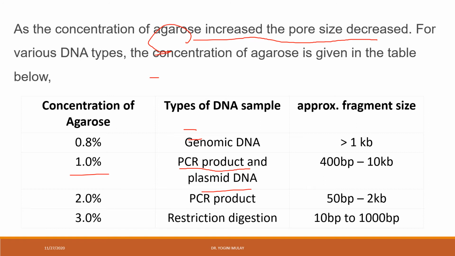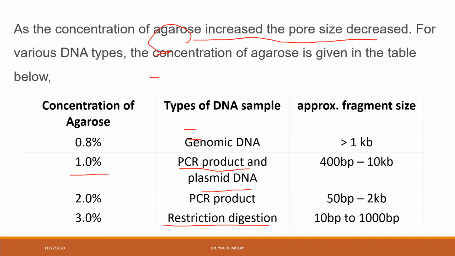Now next, if we are handling a restriction ligation product, meaning we have used a restriction endonuclease for cutting DNA, in that case the size of the fragments will be smaller, like 10 base pair to 1000 base pair.